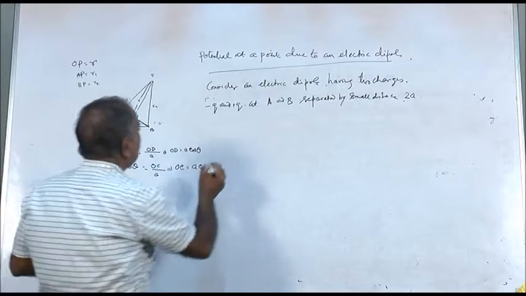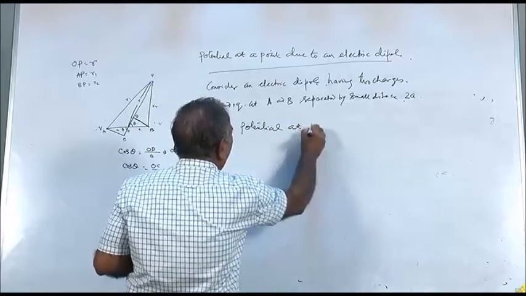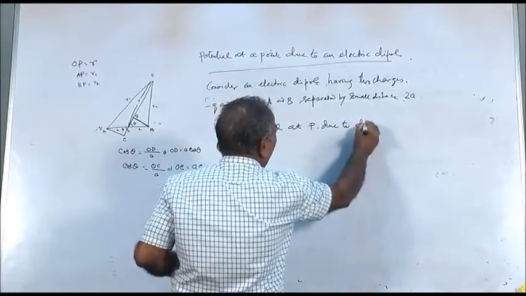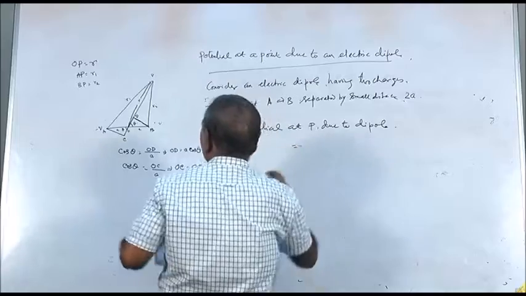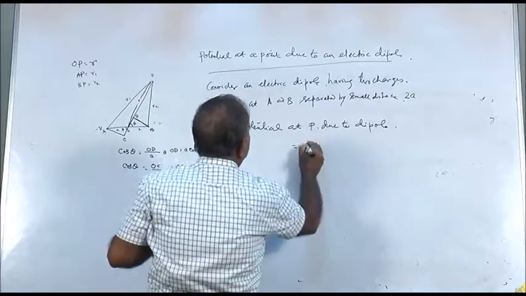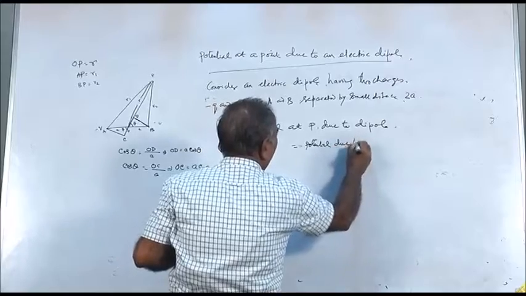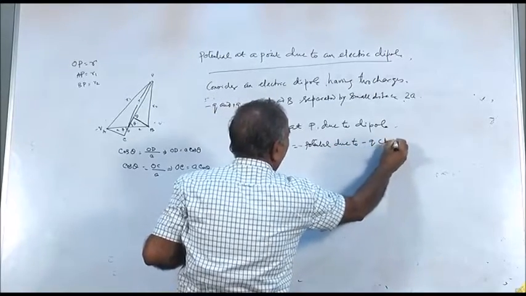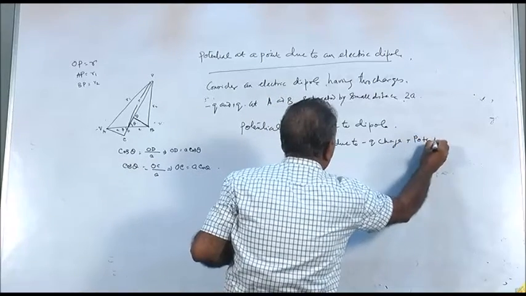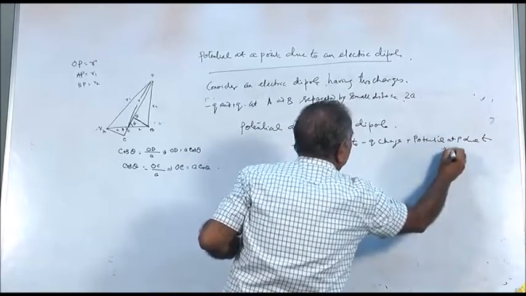So, potential at P due to the dipole is equal to the potential due to the minus q charge at P plus the potential at P due to the plus q charge.